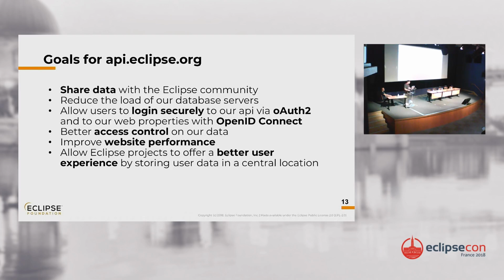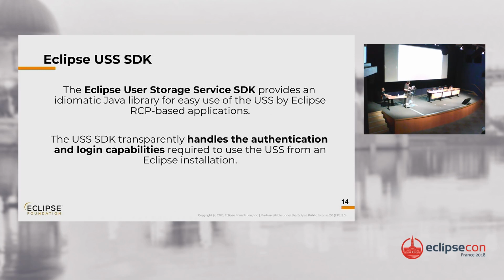The next project that started to use the Eclipse User Storage Service was the Marketplace client, which is storing Marketplace favorites. That's another good example of what you can use it for. So this brings me to making it easier for Eclipse projects to interact with our API and handle user authentication, to avoid having them re-implement the wheel.